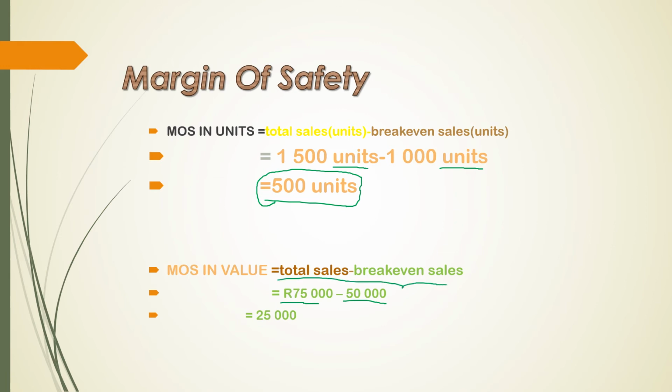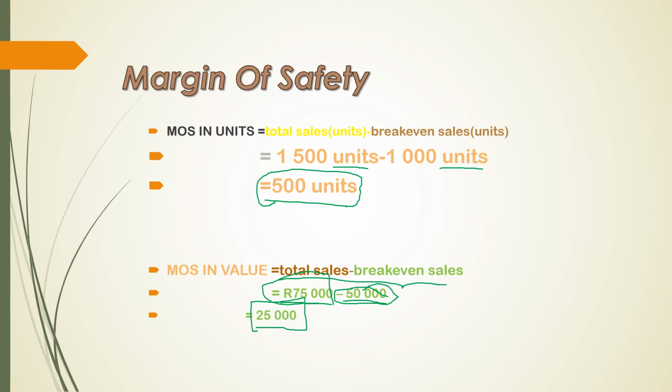So the cost of 1,500 units is 75,000 rands and 1,000 units is 50,000 rands. This is just a typical example that I made up. So that means our margin of safety in value is 25,000 rands. Now this is how you calculate your margin of safety, either in units or in value.